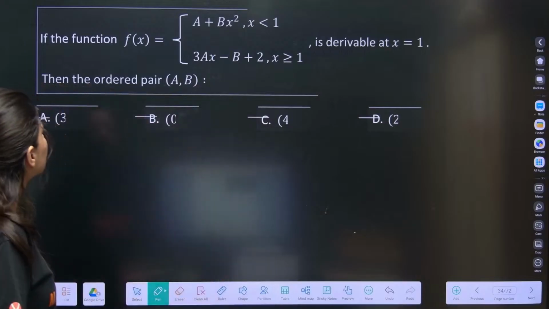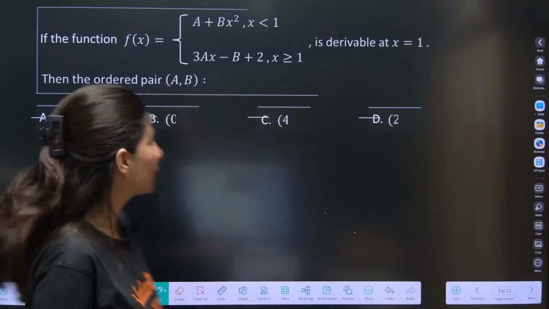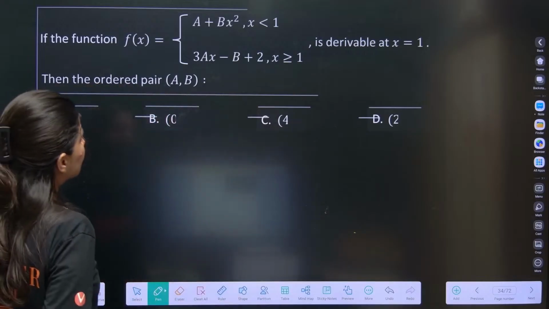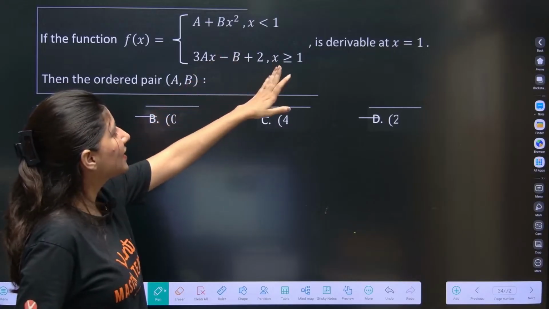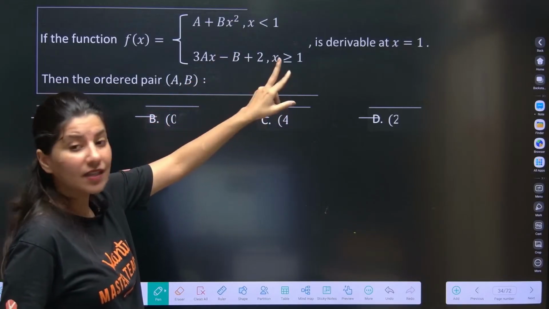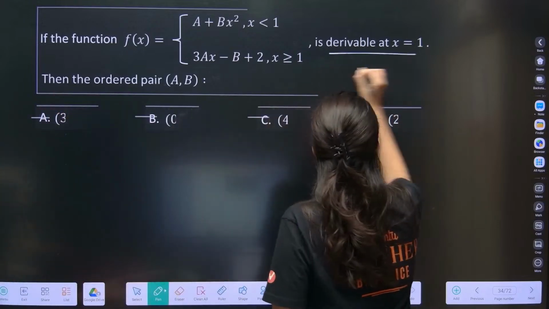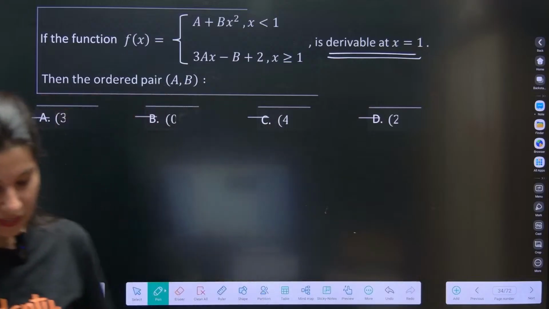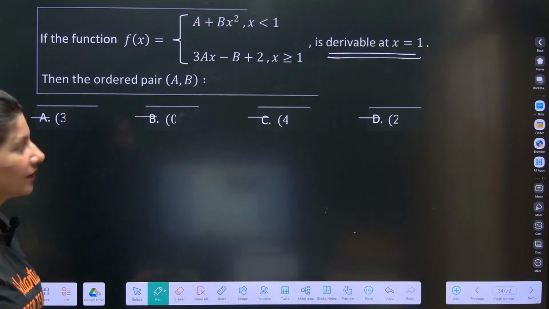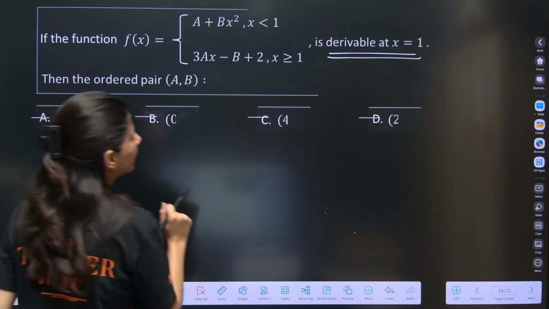This is the question. Now f(x) is this for x less than 1, and for x greater than 1 it is this. They are giving that it is differentiable at x equals to 1. Okay. So now, how to do it?